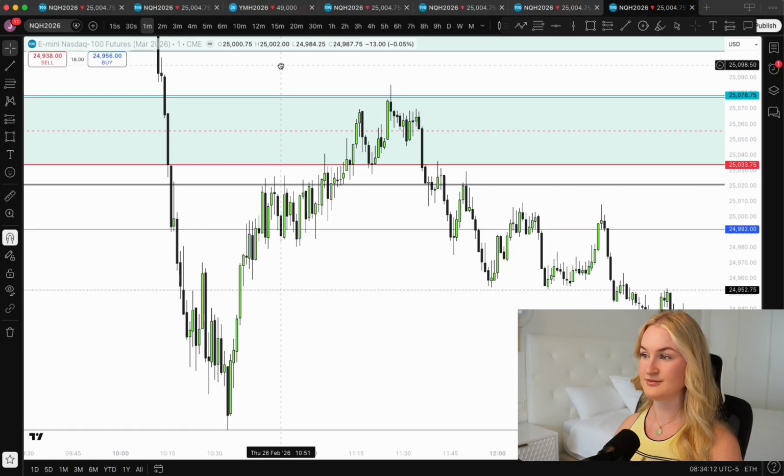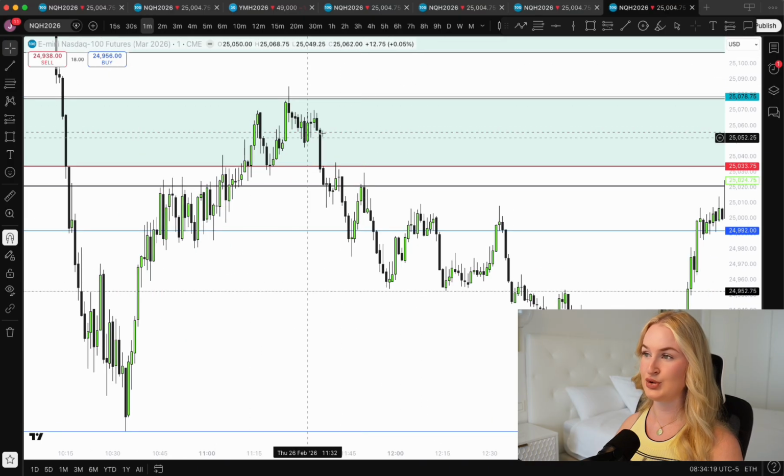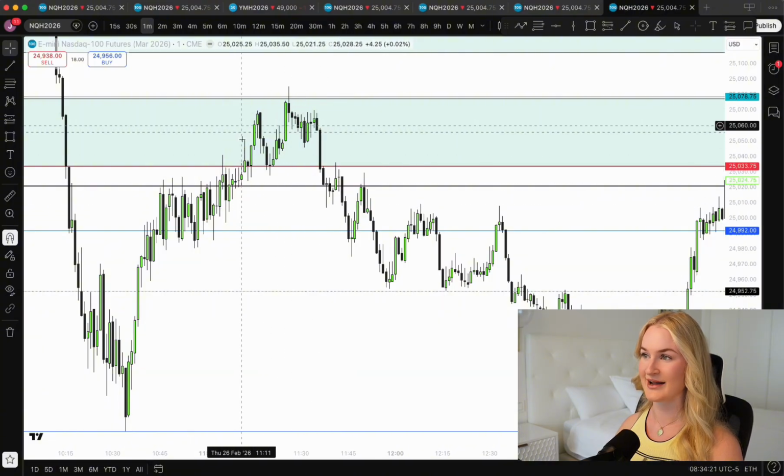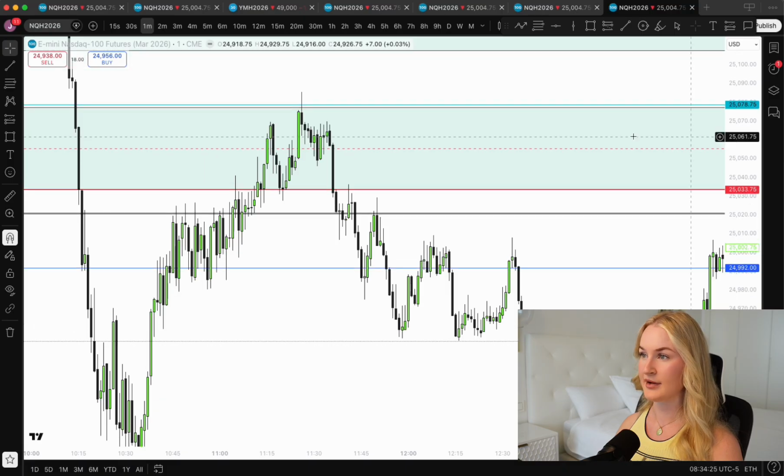So here again, we dropped and then we retraced to the upside, but here beautifully we retraced exactly to the new week opening gap. And from there, we wicked just the high of it and then dropped lower.